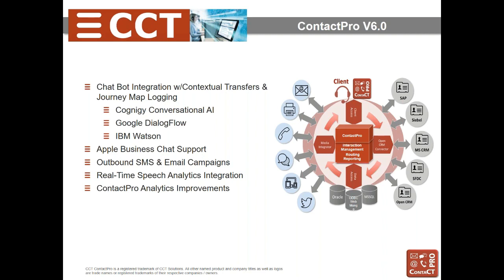And then they have chatbot functionality built in, but then we're working with them so that we can do that contextual transfer. But we're also doing integration with Google Dialogflow and IBM Watson so that you have a choice, because different chatbot applications probably work better with different AIs. I'm not an expert in AI, but I can envision certain environments providing better knowledge base and kind of problem solving with different tools. So we want to give customers the flexibility.